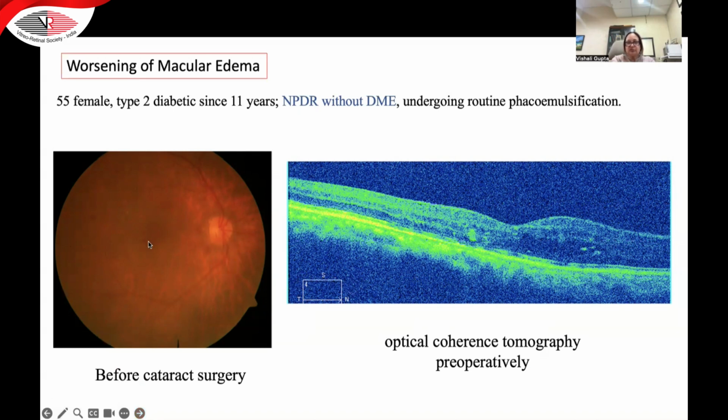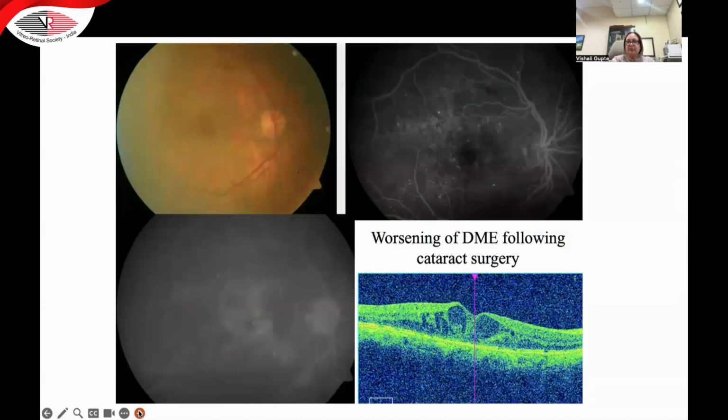Now, this patient, for example, before cataract surgery had a very minimal thickening which was not involving the center. However, post surgery, you can see there is worsening, which means that they would need some adjunct for macular edema along with surgery, and you can see the cystoid spaces which have come up.